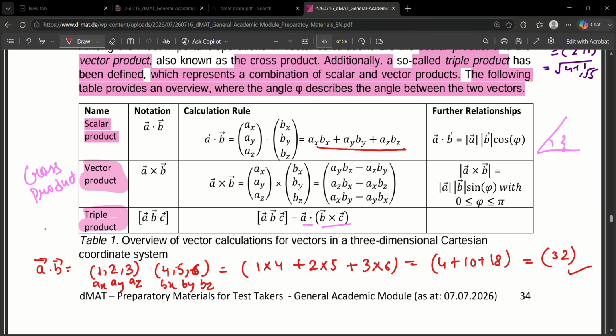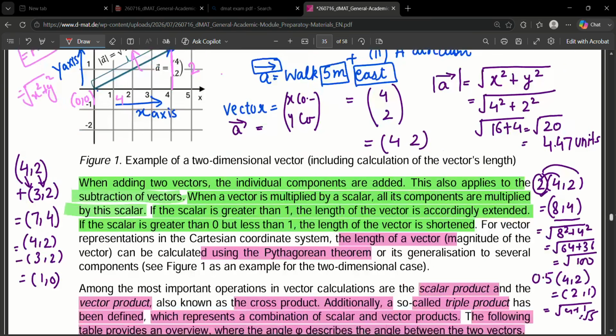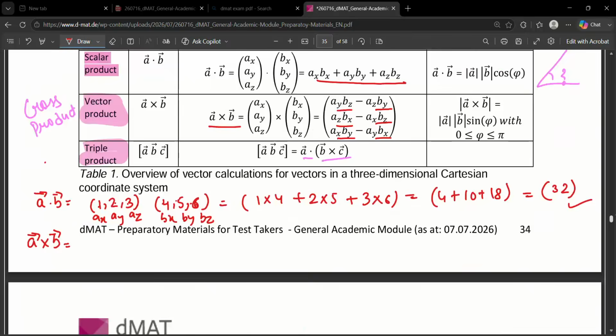Now how are you going to do a cross product? For the cross product, this formula is there. You just have to learn yz, zy, then the opposite zx, xz, then xy, yx. So how are you going to solve this?